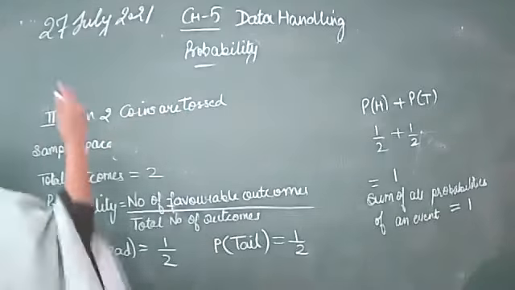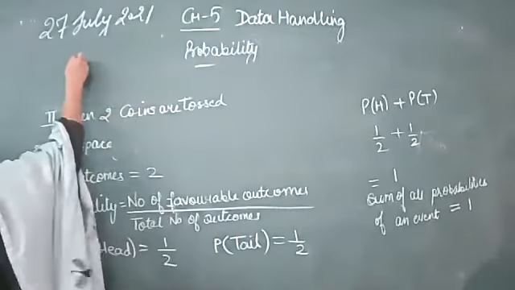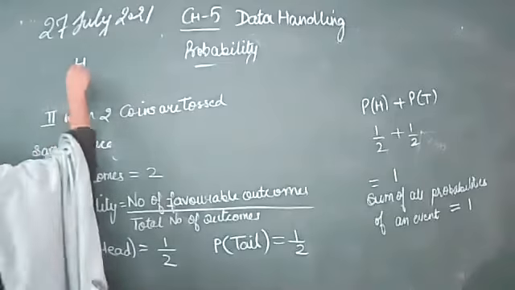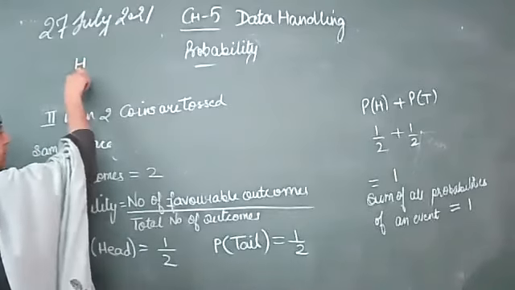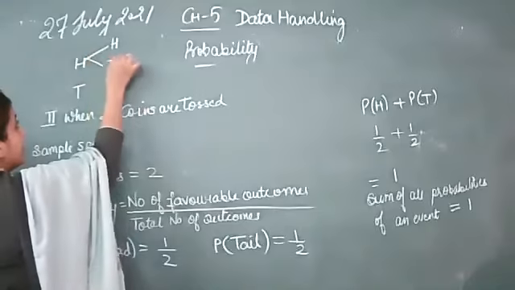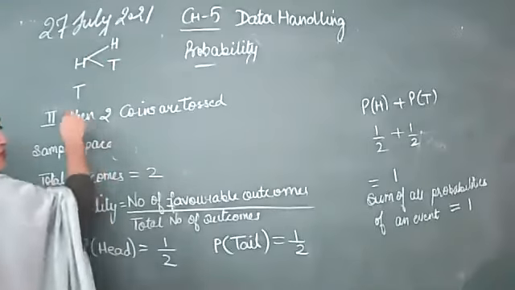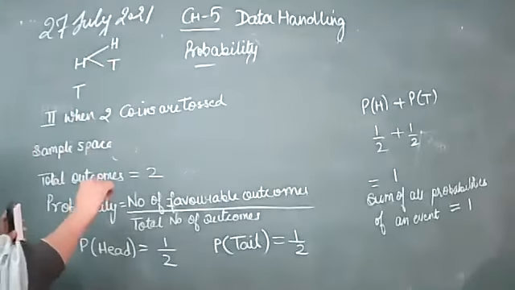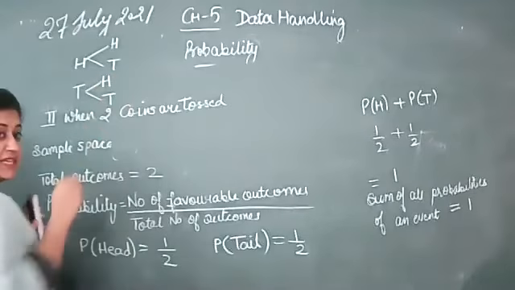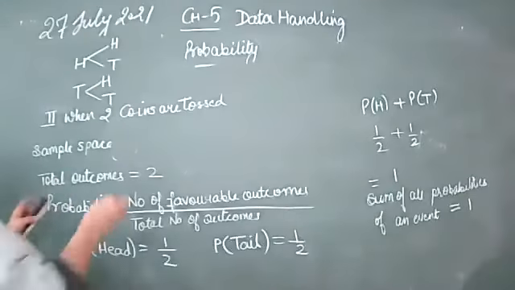Now look here, suppose I have tossed the coin one time. In the first toss, maybe I will get head or tail. If I get head the first time, in the second toss, maybe it will give you again head or it will give you tail. Suppose we get tail the first time, then in the second toss, maybe you will get head or you will again get tail. So there are 4 outcomes.